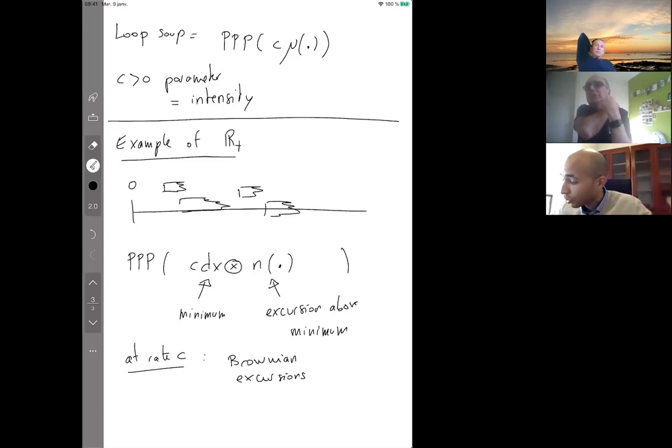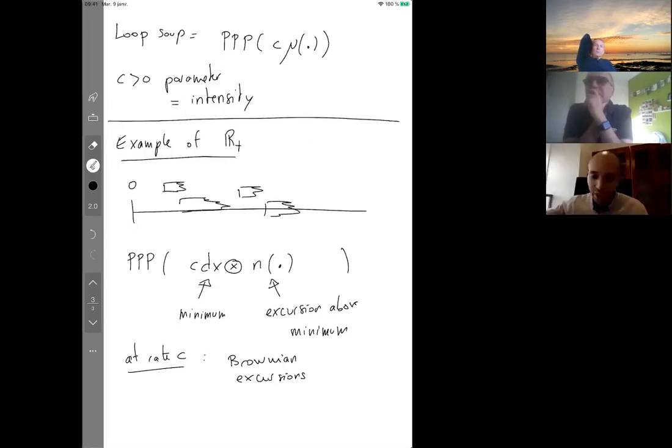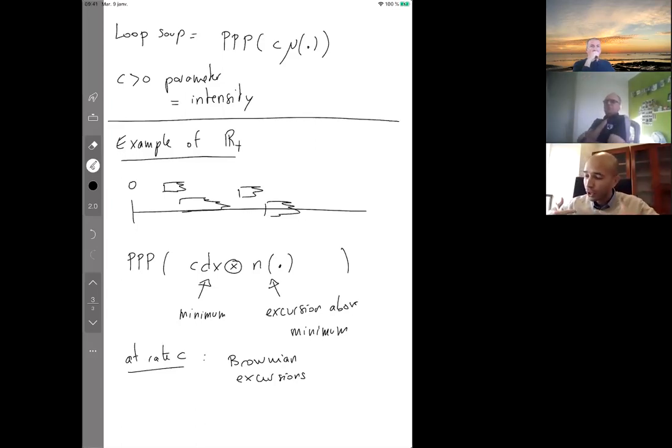And then when you are throwing these Brownian excursions along the positive half line, what you are doing actually is looking at a branching process with immigration. So you have a connection between loop soup and branching process with immigration. Each Brownian excursion, you can think of it as a family of the branching process.